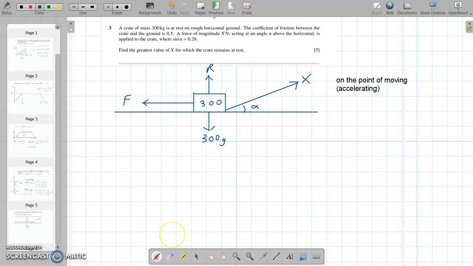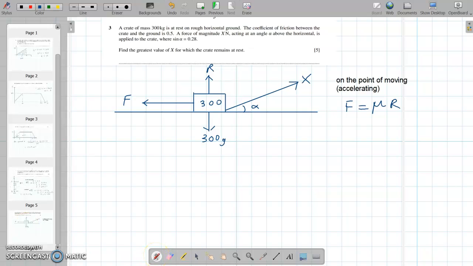Okay, and that value of F equals mu r. Okay, mu is the coefficient of friction, and that's due to the surface in the crate. Okay, and they're telling you that it's 0.5, that's fixed. Okay, r is, well, it's due to the weight, but it's also due to x. If that was increased, then r wouldn't have to be so much.